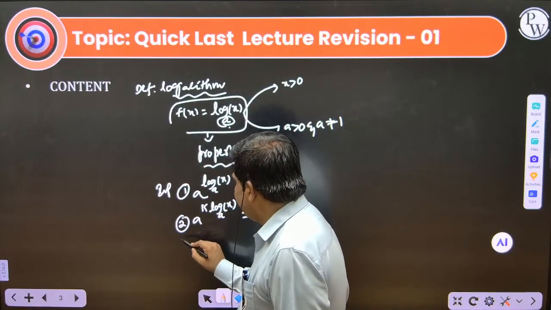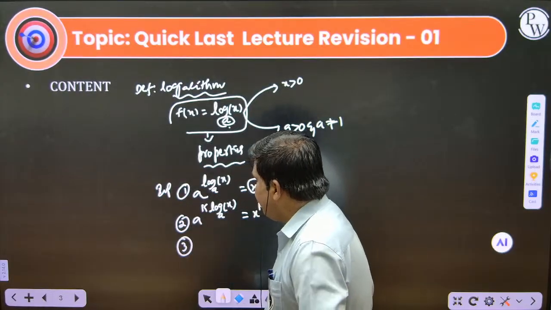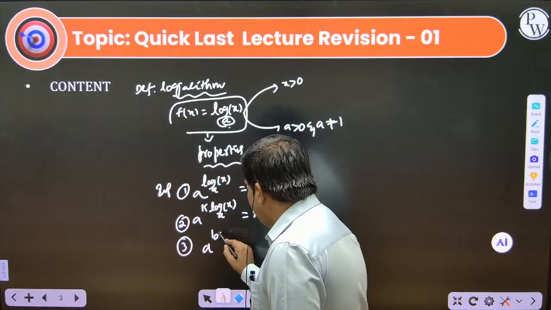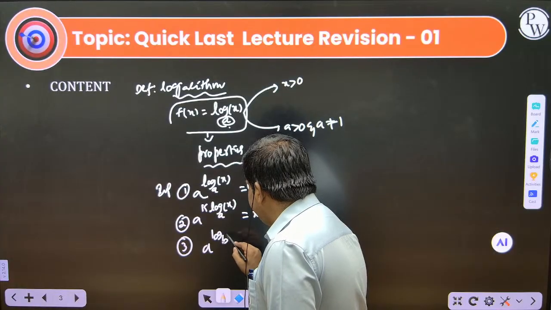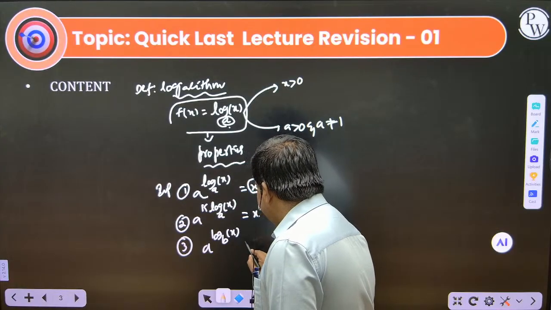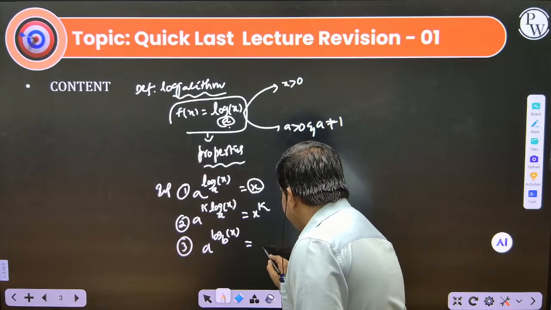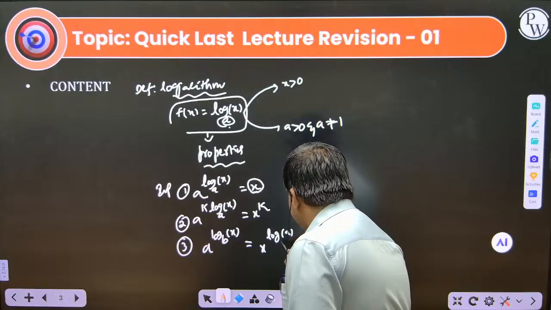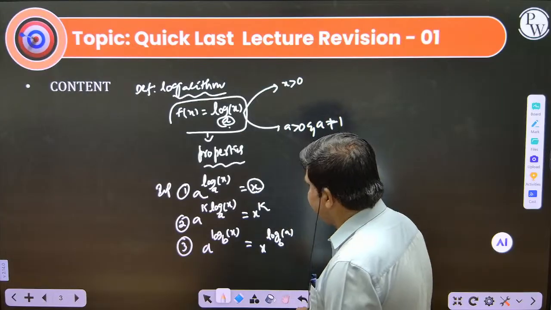Similarly, a power of log base b of x is equal to x power of log base b of a. So what does it mean here?